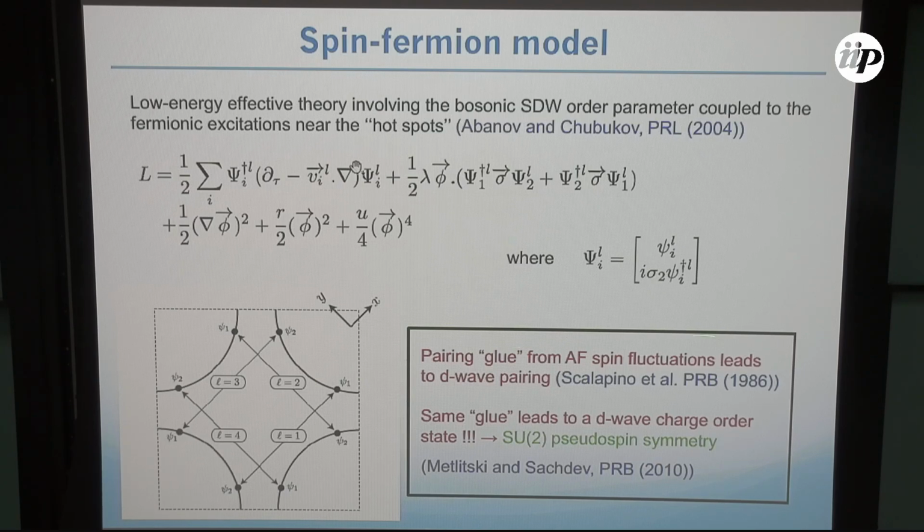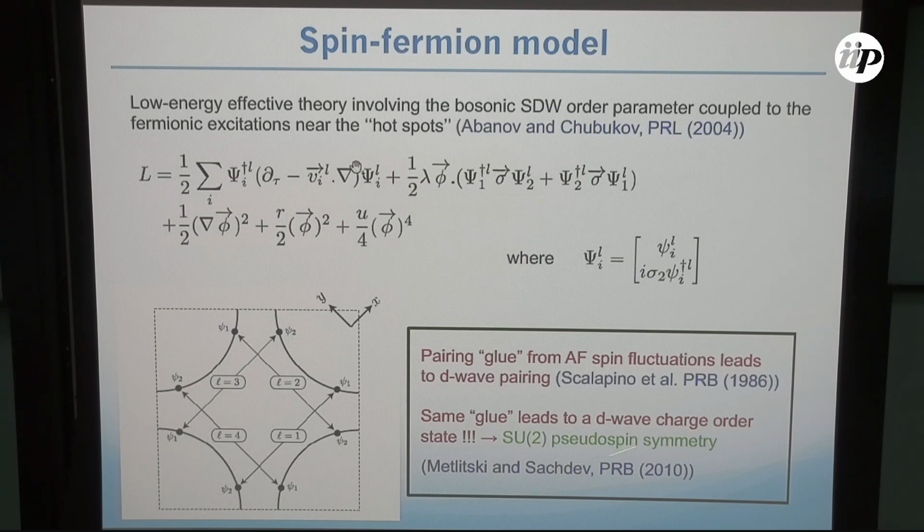And it's a well-known result that this model has a D-wave superconducting phase due to the fact that the spin excitations are the pairing glue that leads to the Cooper pairing of the electrons. But the same glue also leads to a D-wave charge order state.